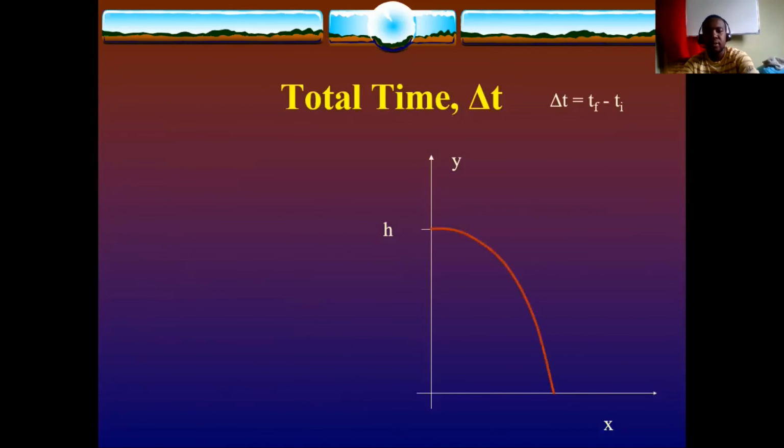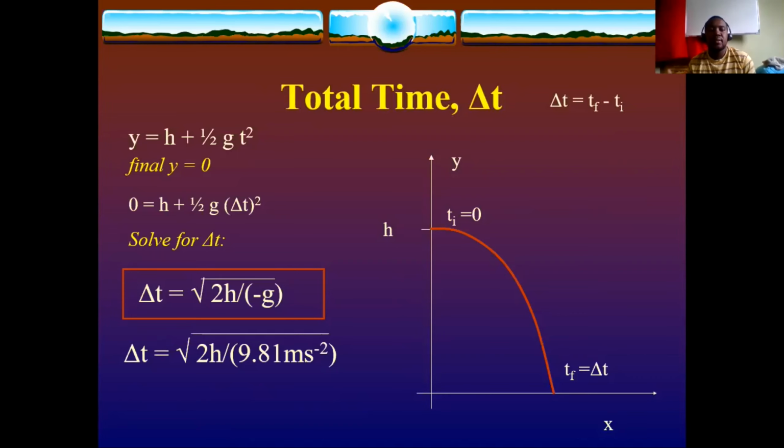All right, so the total time that it will take. We use y equals h plus half gt squared again. So if we need to find the total time, then y is 0, because it's hitting the ground, so there is no height present. So y is 0, equal to h, which is your initial height that it is falling from, plus half gt squared.